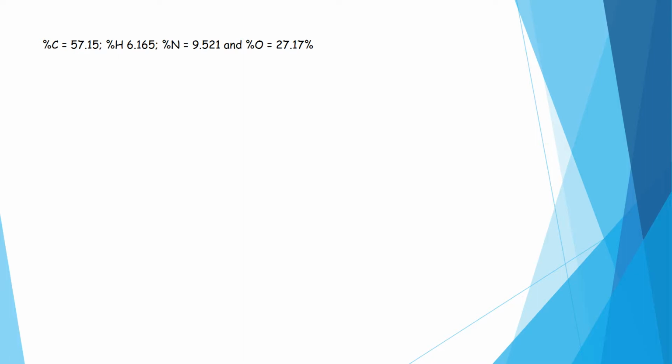So we've got carbon, hydrogen, nitrogen and oxygen. And we have our mass out of 100, which is 57.15, 6.165, 9.521 and 27.17.